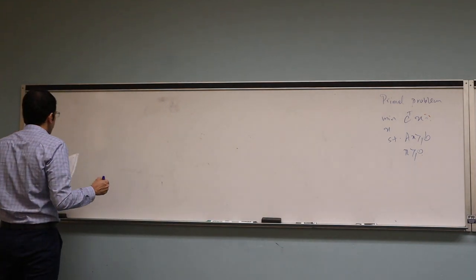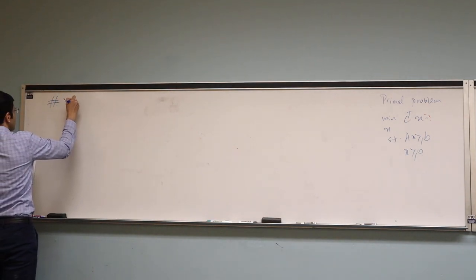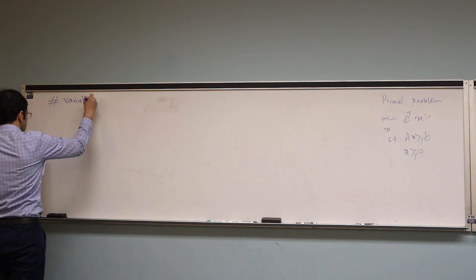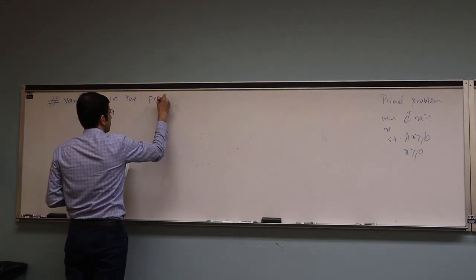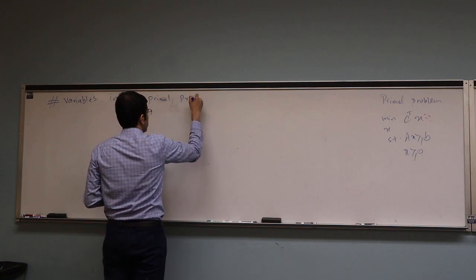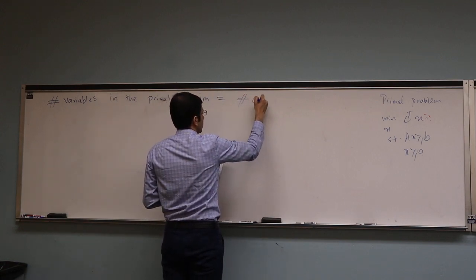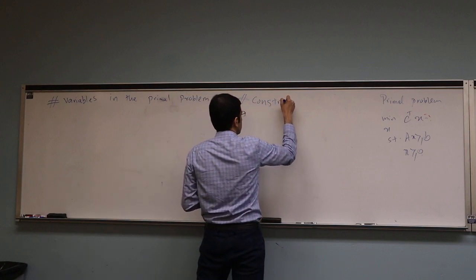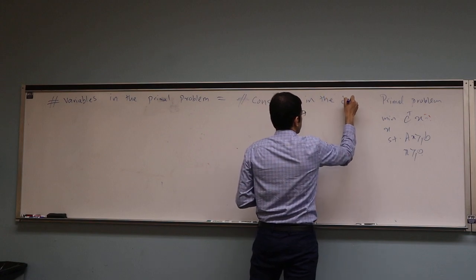So there are a few facts that we have to notice. One is the number of variables in the primal problem is equal to the number of constraints in the dual problem.